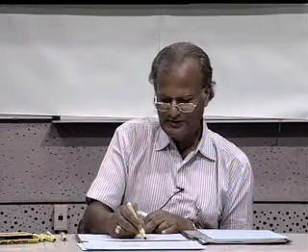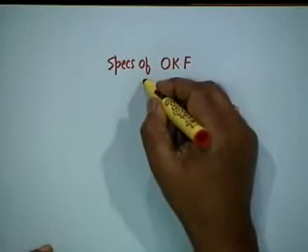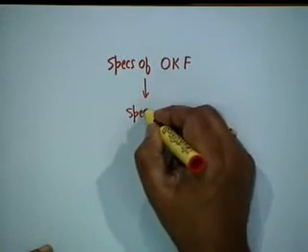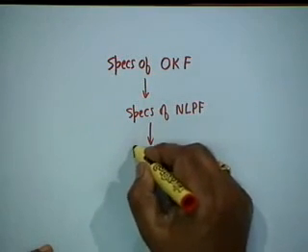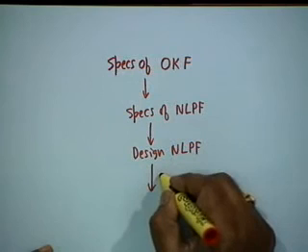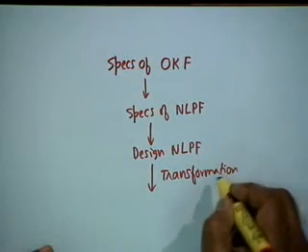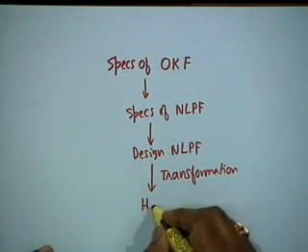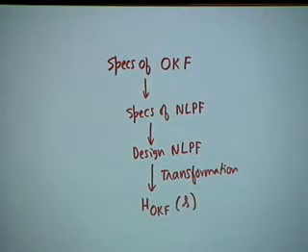Do you understand the steps? Steps would be: specifications of the other kind of filter, OKF, from which you go to specs of normalized low pass filter, then design NLPF, then use transformation to get H of the other kind of filter as a function of small s.